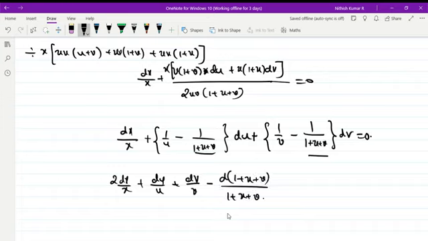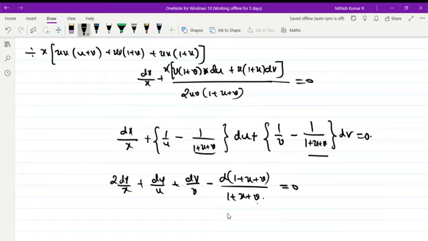The derivative will be du plus dv, so it is du divided by (1 plus u plus v) minus dv divided by (1 plus u plus v), which is equal to 0.